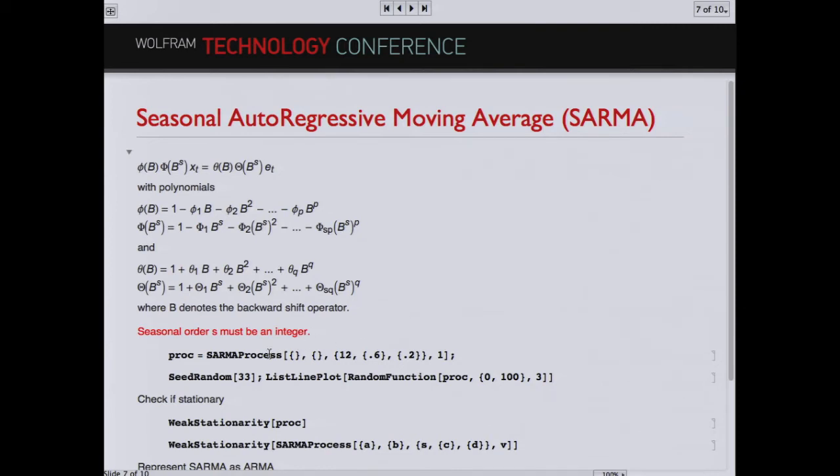So we have a SARMA process here. The first two lists are empty, so that means that my standard ARMA coefficients are 0, and I set the period to be 12, and these are the seasonal autoregressive list of coefficients and the seasonal moving average list of coefficients. Let's see how this looks.